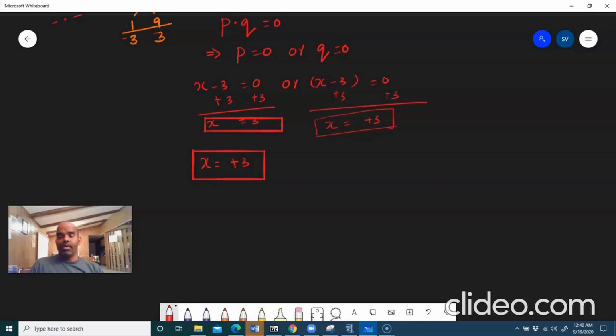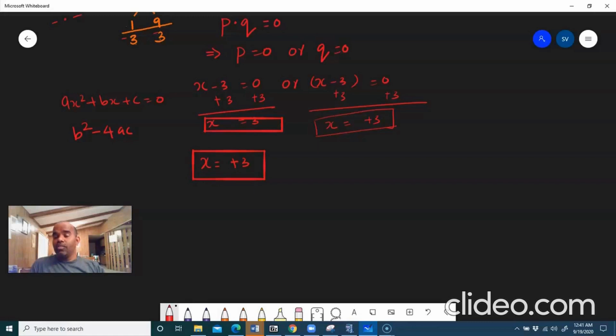But if ax square plus bx plus c equal to 0 is a quadratic equation, we can call the part b square minus 4ac the discriminant.